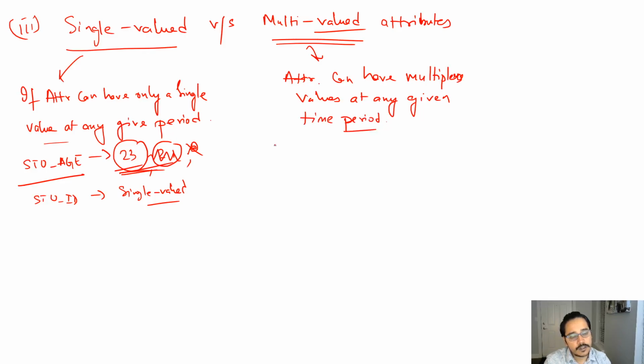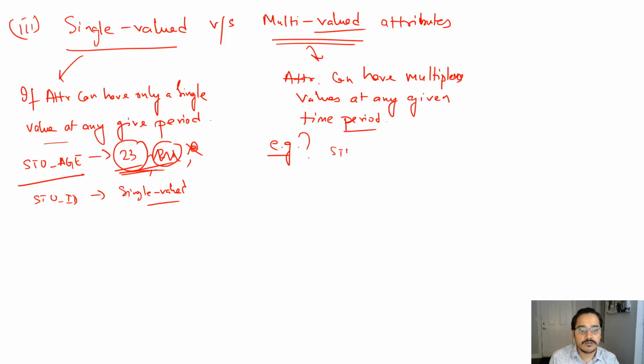Okay, so now what are some examples of multi-valued attribute? So think of this for a second. From any domain, you can choose any domain, you can choose any entity. You don't have to stick with the current example that we have. And try to ask yourself what it means, and does it make sense? Okay, so from our example, in the student example, you can make attributes which are multi-valued attributes, right?